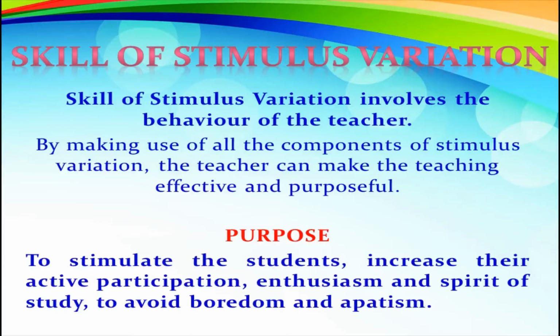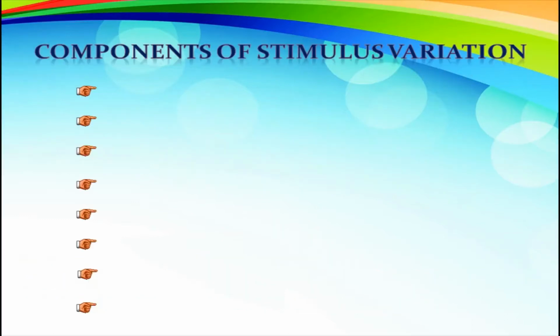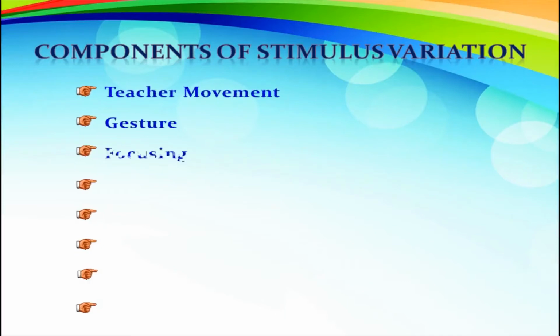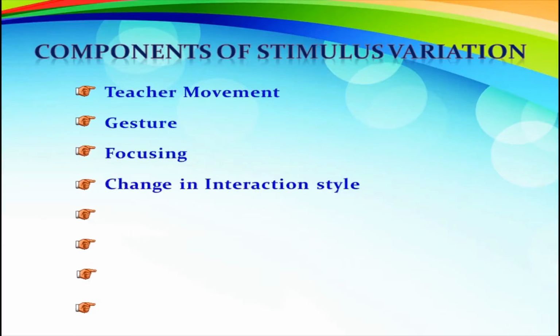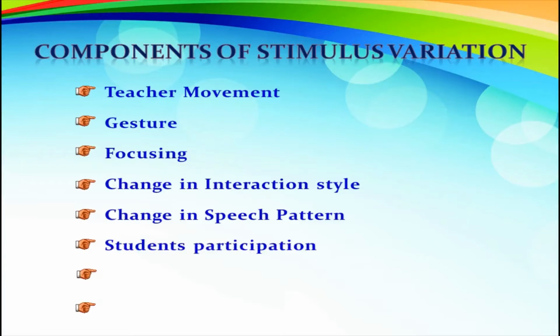Now let's see the components of stimulus variation. The components are teacher movement, gesture, focusing, change in interaction style, change in speech pattern, students' participation, oral visual switching, and pausing. Now let's see about teacher movement.